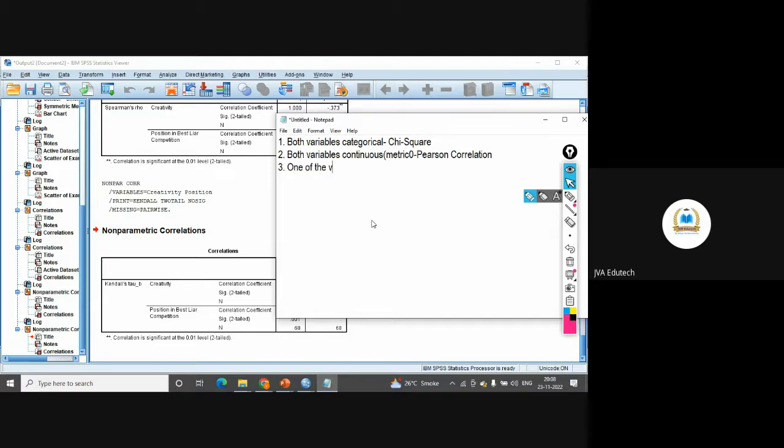One of the variables is non-metric. Spearman or ICC, interclass correlation.